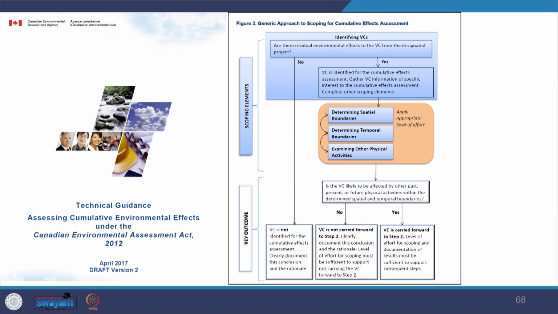But if it is yes, then VC is identified for the cumulative effects assessment, and you have to gather information on the VC, and then you need to further take it forward: what will be the geographical boundary, what will be the temporal boundary, and what will be the physical activities involved. And then you will look at whether VC will be affected by all of these. If yes, then you need to move to step 2. If not, you can wind up there.